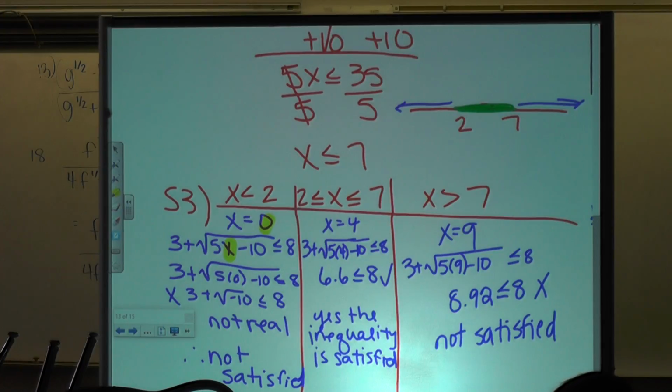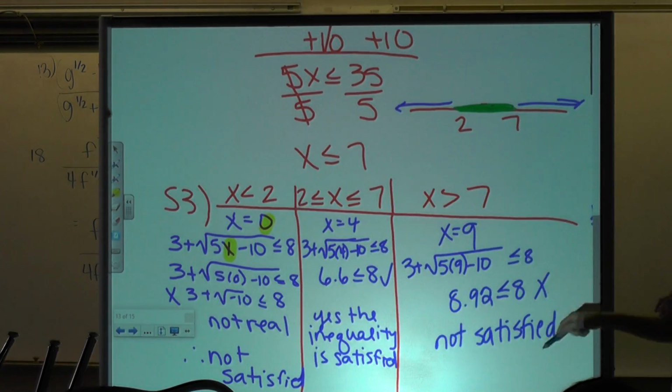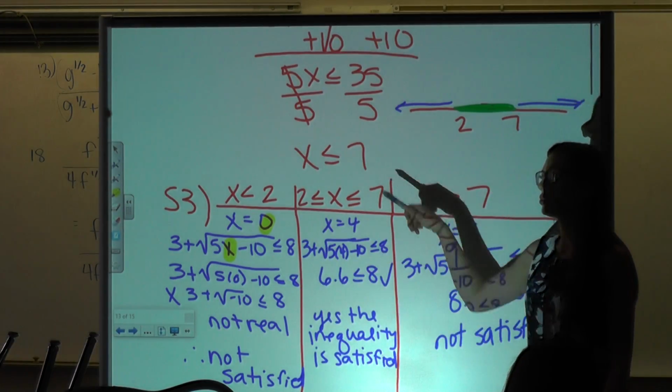Once you test your values, you then will find out which one is your interval. Anything less than 2 did not work. Anything more than 7 did not work. So your answer is in between 2 and 7.